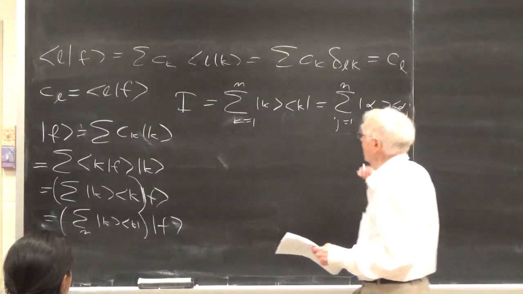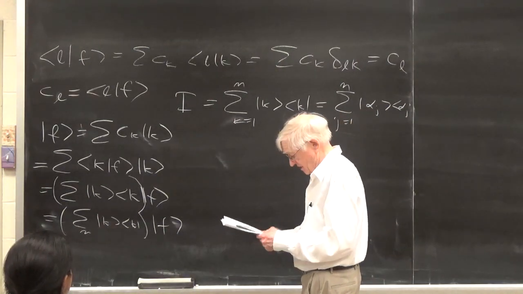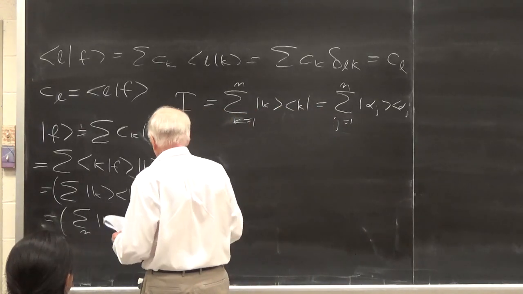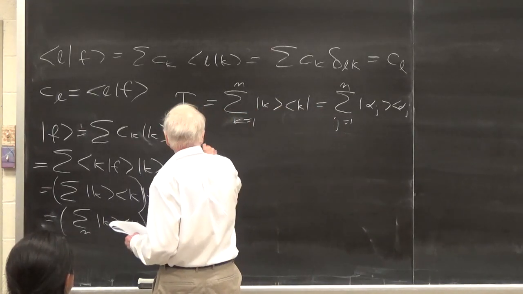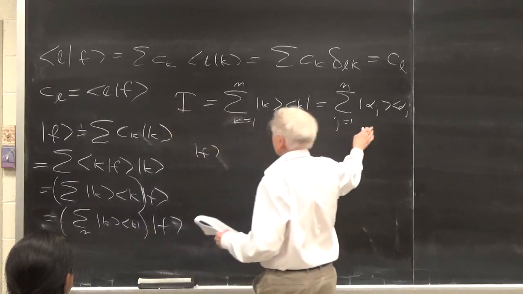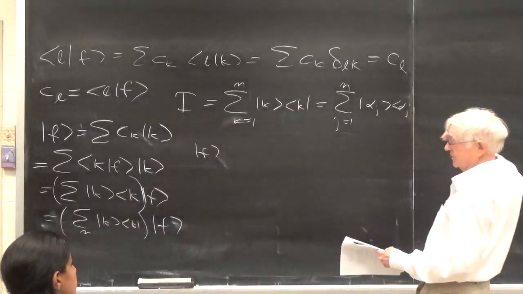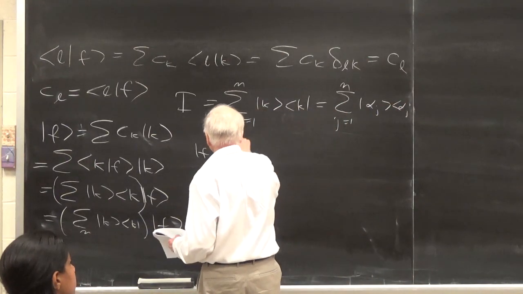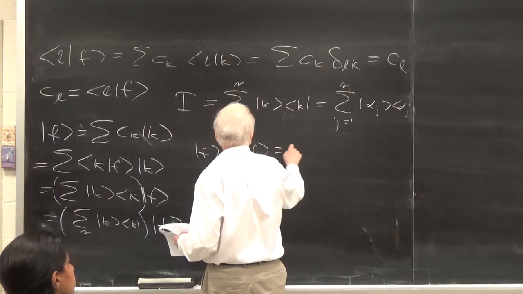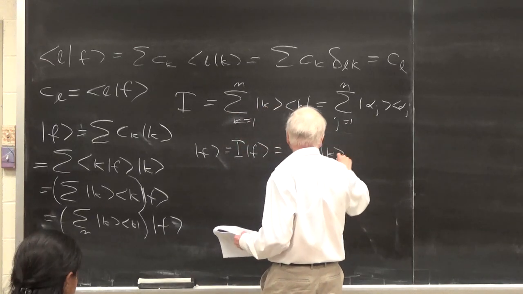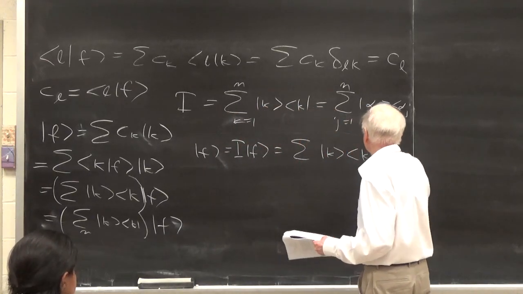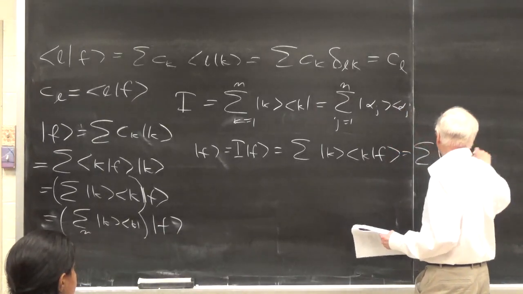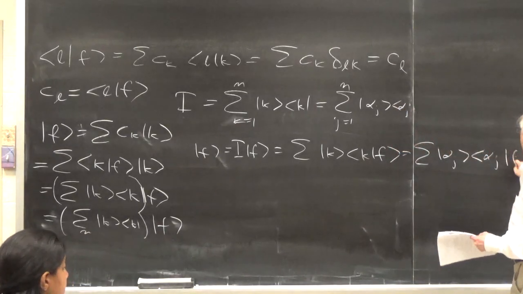And we would then have two different representations of the identity operator, and we could write f not simply as, well, we just take this equation and multiply from the right by the ket f, and we get f is I times f is the sum over k of |k> times the inner product of k with f, and then up here it's the sum over alpha j, |alpha j> times the inner product of alpha j with f.